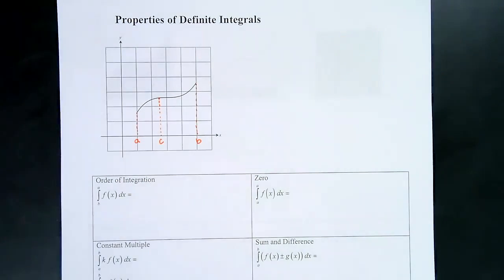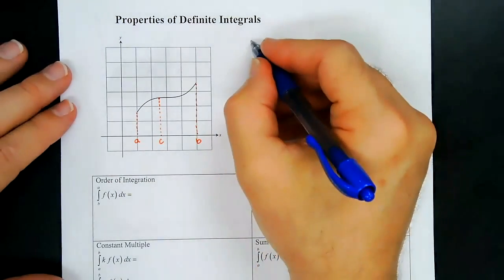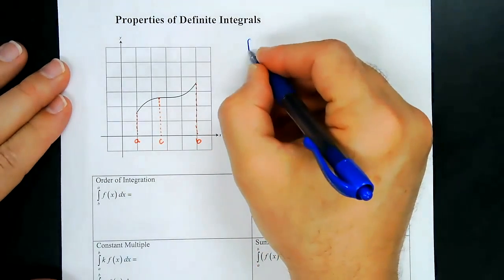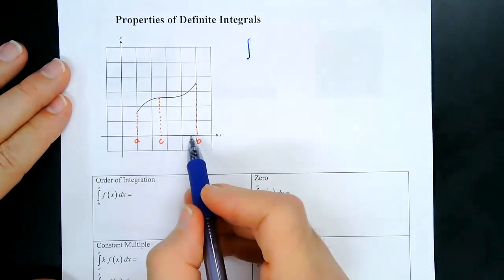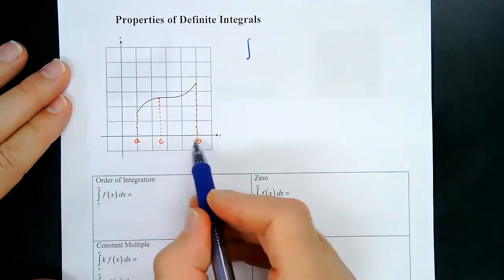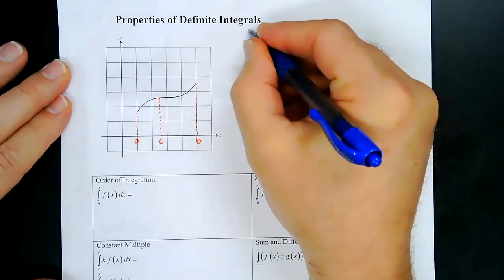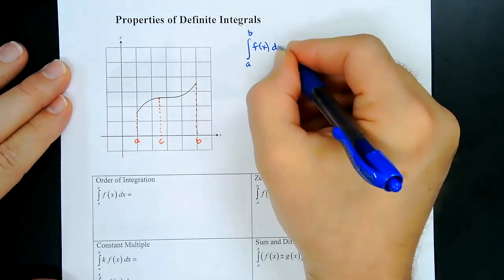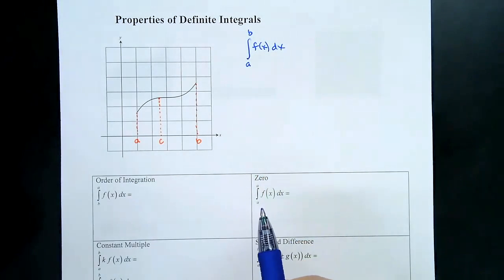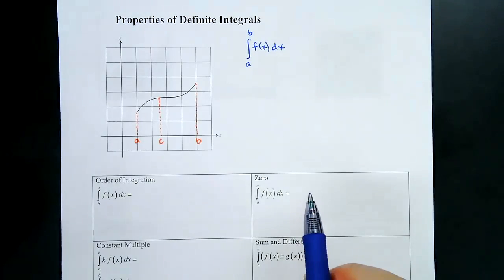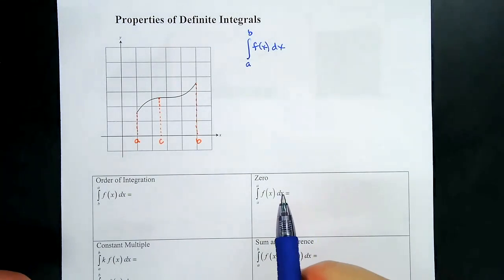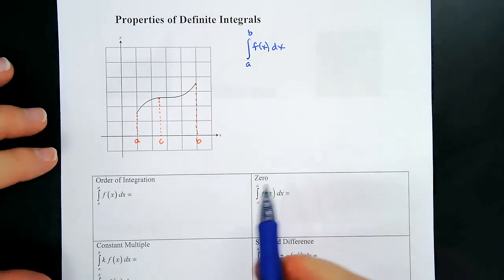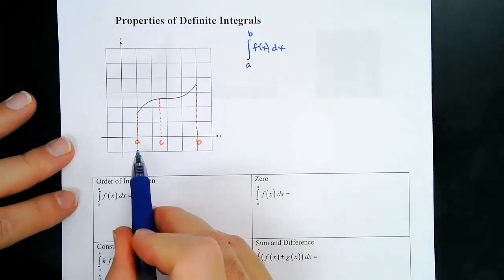All right. So what we know is, if we want to find the area, we're going to integrate from a to b of f of x dx. Now, when we did the Riemann sums and the summation notation, the sigma notation, and all of that, we always did b minus a, right?